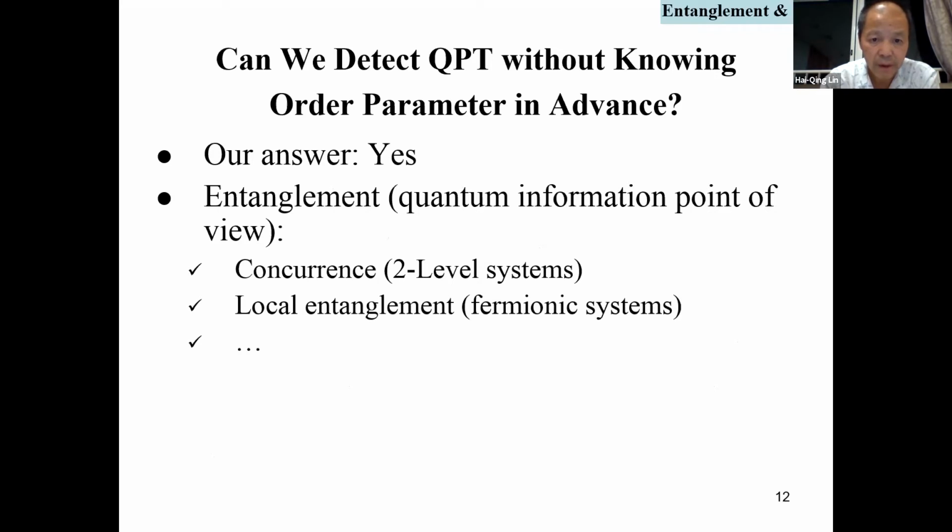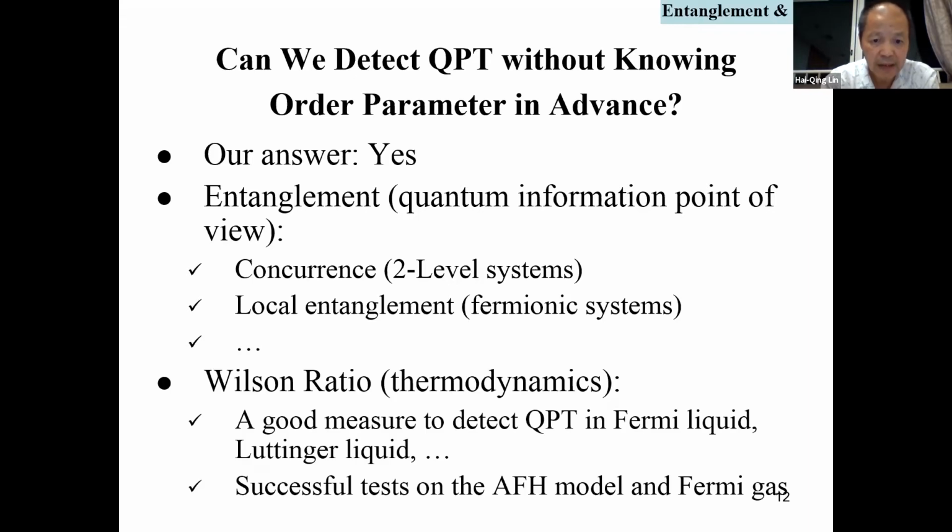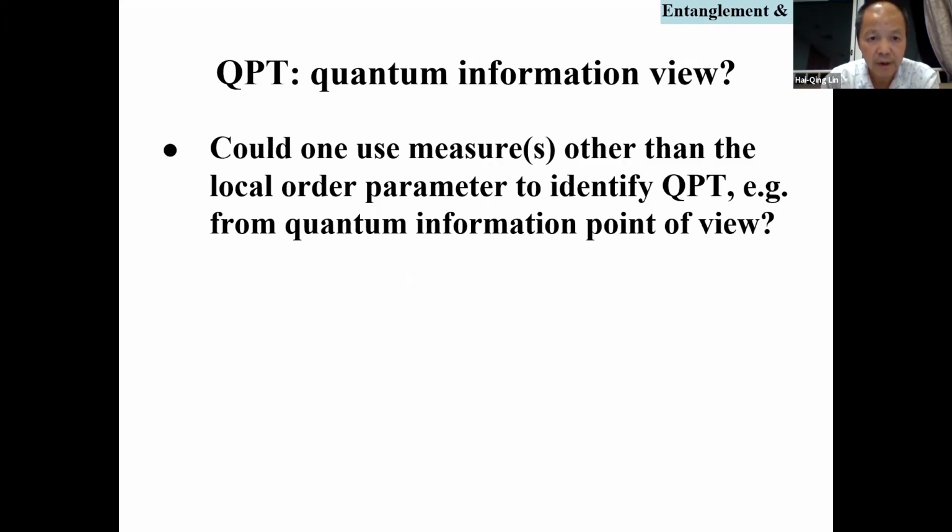One is from the quantum information point of view. By studying entanglement, we can detect where quantum phase transition is occurring. The other one is by studying the Wilson ratio, which comes from thermodynamic quantities, and also we can detect where the quantum phase transition occurs. So let's start with entanglement.